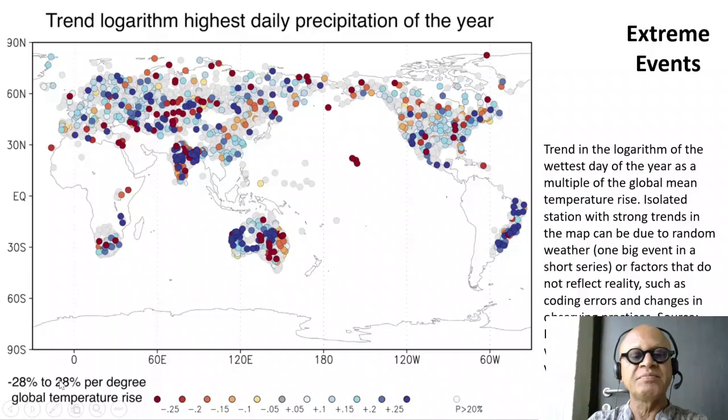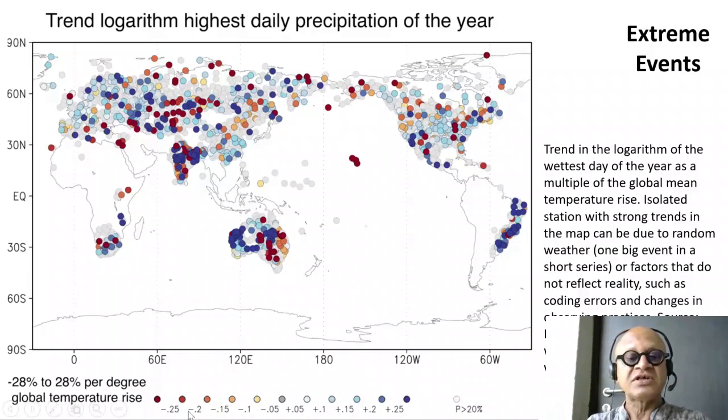This map basically shows minus 28% to 28% per degree global temperature rise. So what they have done is to take the trend in the logarithm of the wettest day of the year as a multiple of the global mean temperature rise. So that gives you a sense of per degree rise, what is the extreme event increase you are getting.